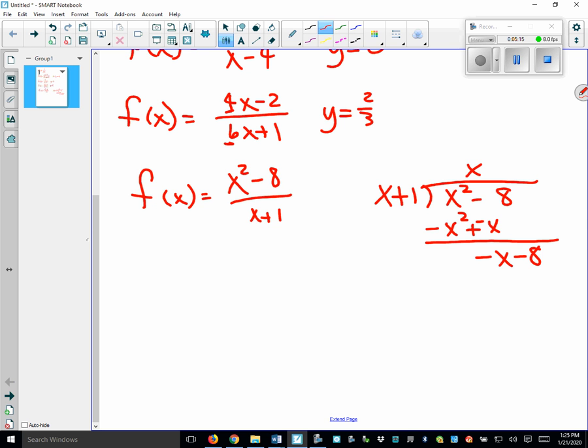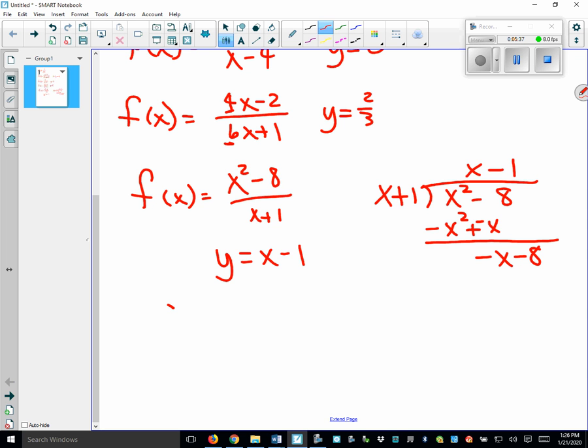What is this? Minus what? So my slant is y equals x minus 1 because I do not care what the remainder does, right? Are you good with that?